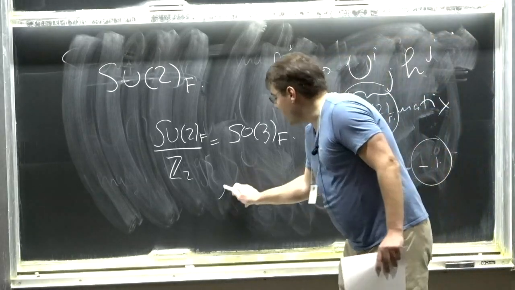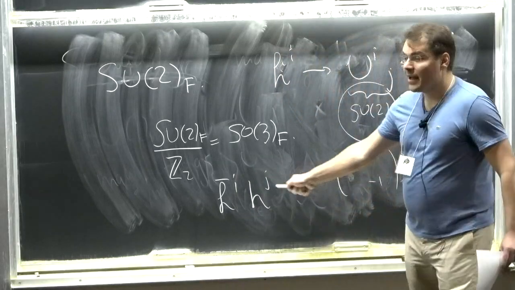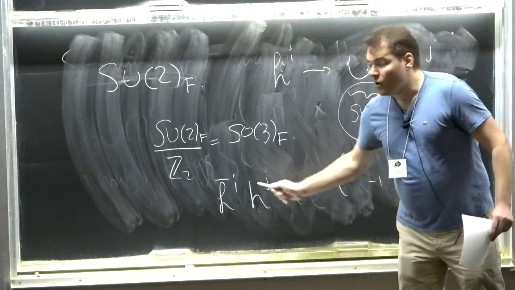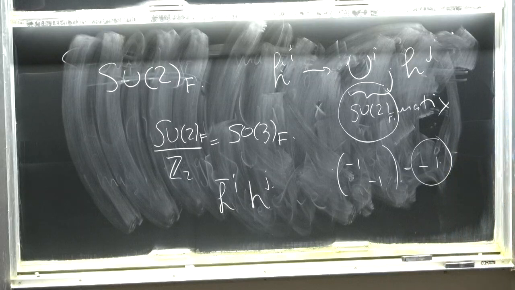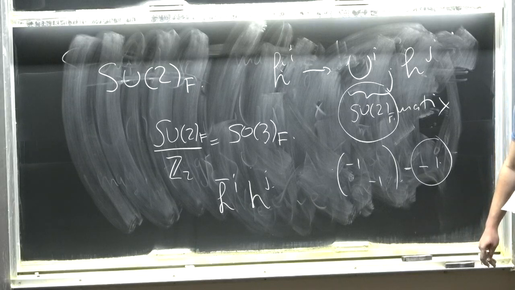This is also the symmetry that acts on all gauge invariant local operators. Whenever you make gauge invariant local operators, maybe something like H-bar H with some i and j indices, you can see that these always transform as tensors under SO(3). You cannot make a gauge invariant local operator that's a spinor of SO(3). Very good. Now, this is something that you've not heard about for the first time today.